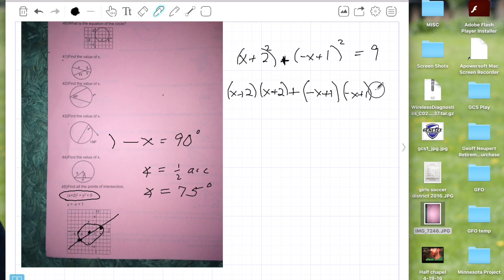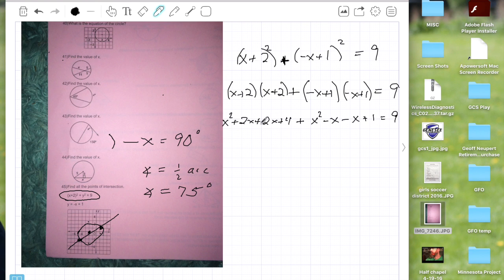And if you know how to do all this, feel free to fast forward. So x squared plus 2x plus 2x plus 4, plus negative x times negative x is negative x quantity squared, but it'll just be positive x squared. Negative x times 1, negative x times 1, and plus 1 equals 9.